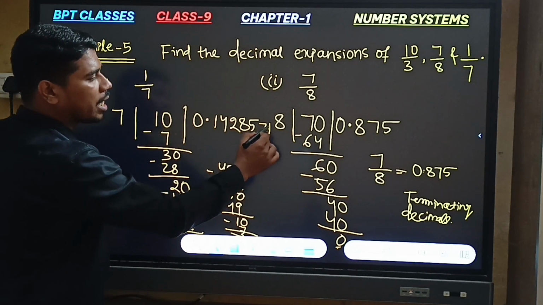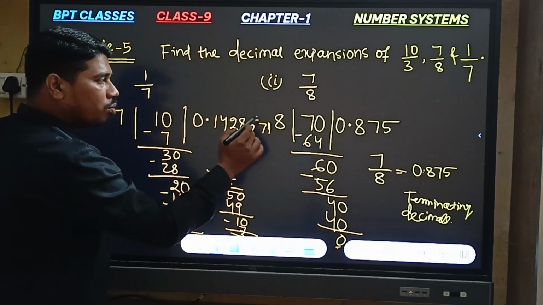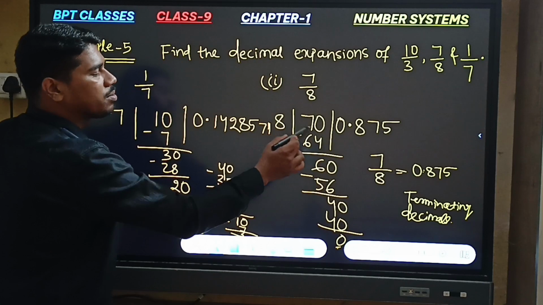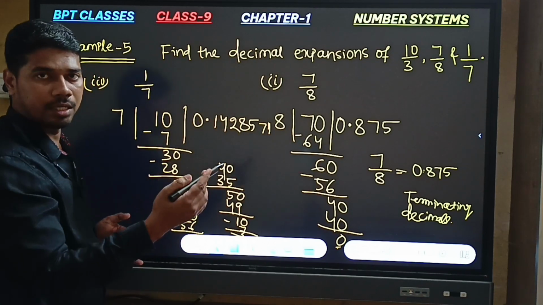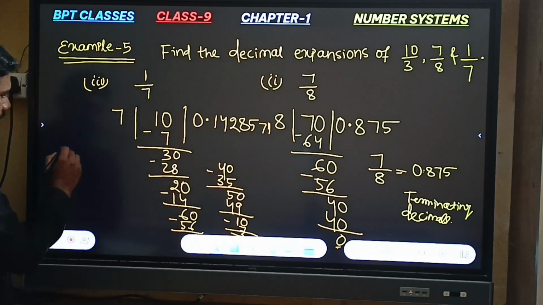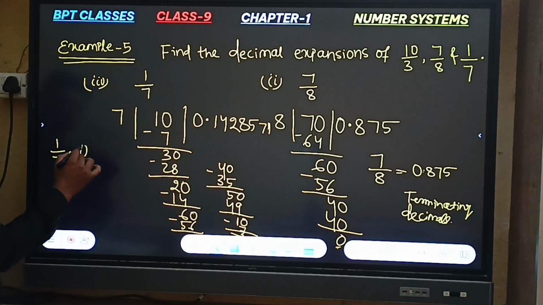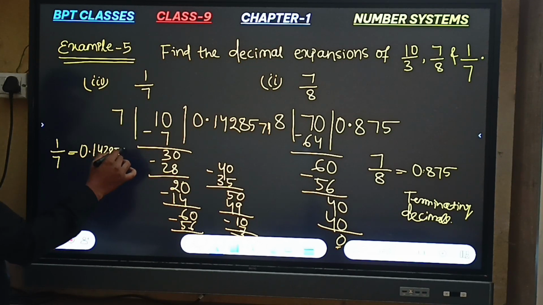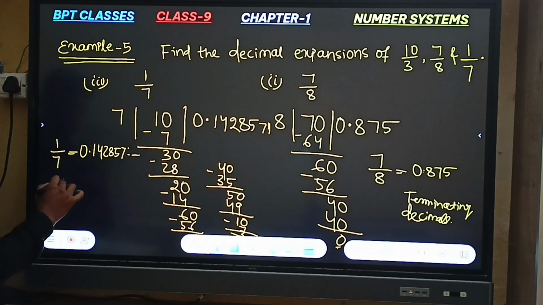Now look here: 0.142857. After that again 1 came. So again 142857, like that it will repeat. So you can write 1 by 7 is equal to 0.142857, again 1428 and so on.